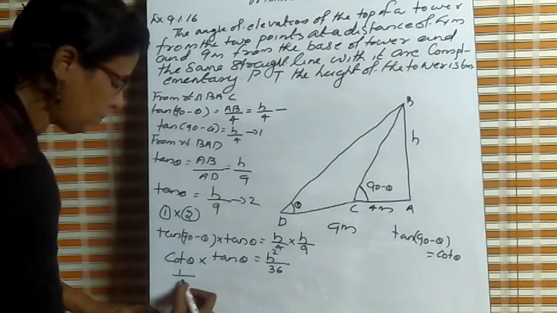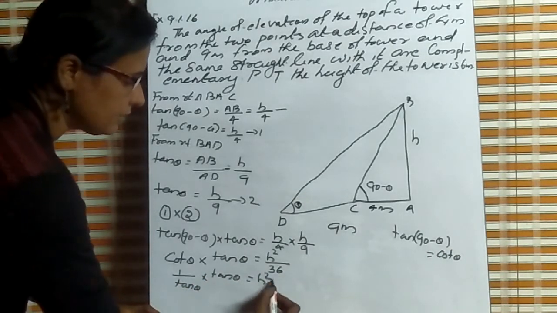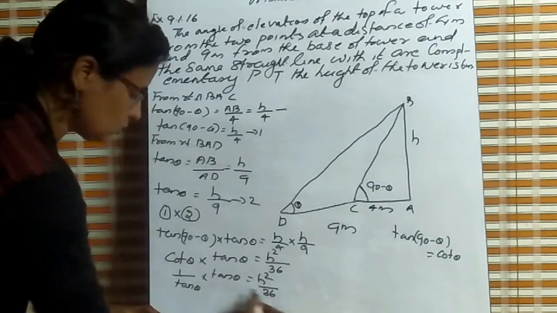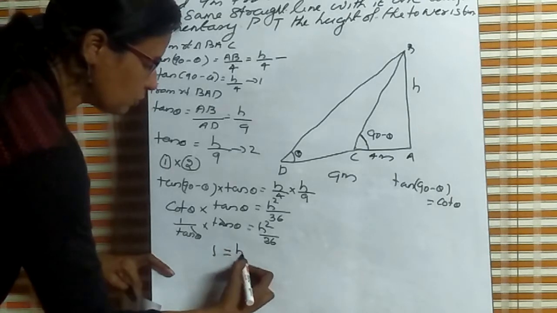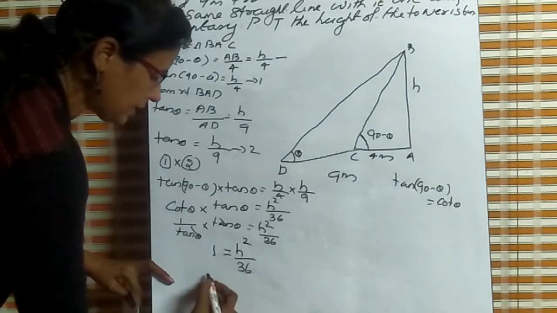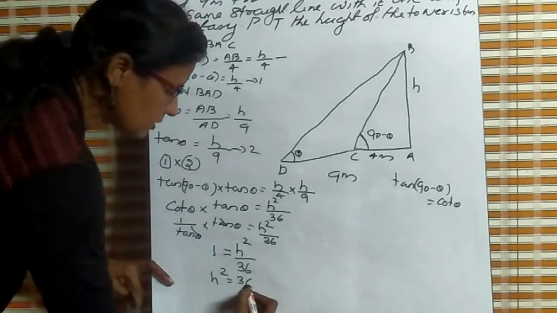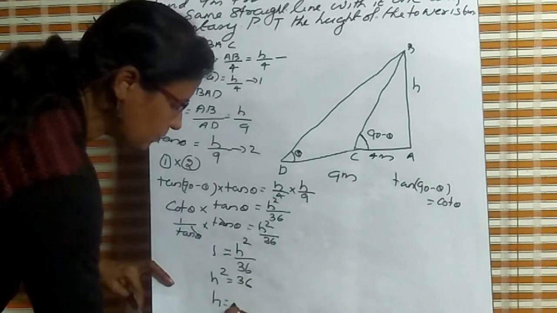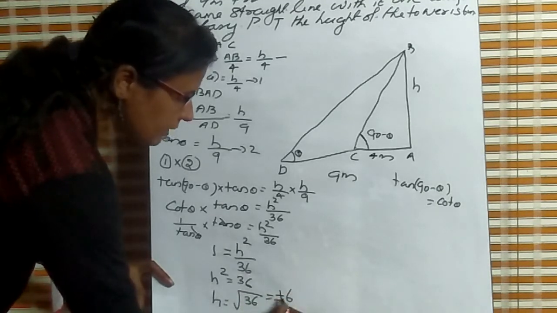Cot theta is 1 by tan theta, into tan theta, is equal to h square by 36. So tan theta cancelled. 1 is equal to h square divided by 36. Cross multiplication, h square is equal to 36. Therefore h is equal to square root of 36, which is plus or minus 6.